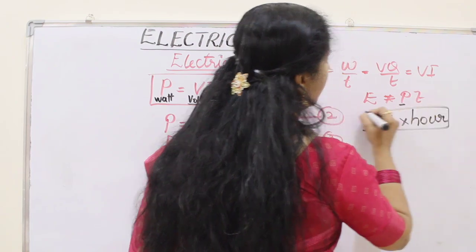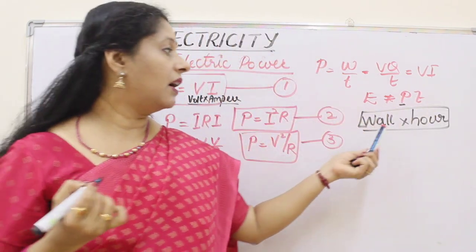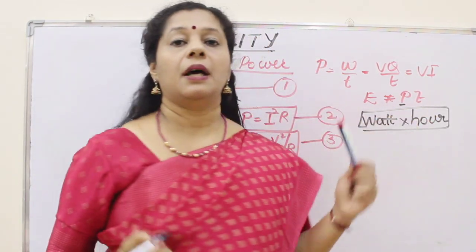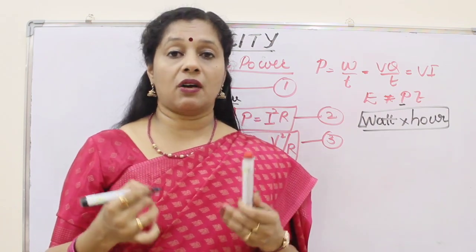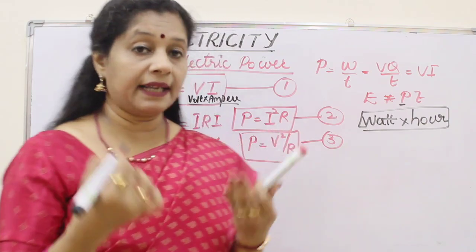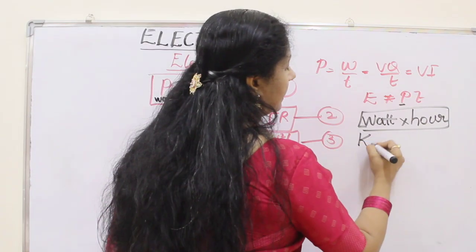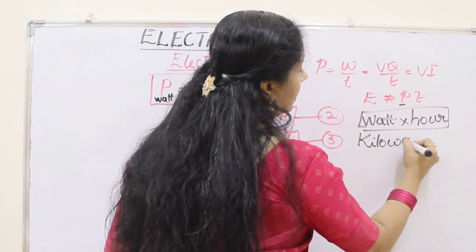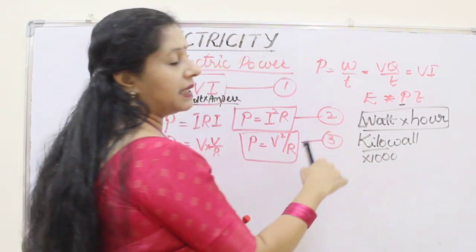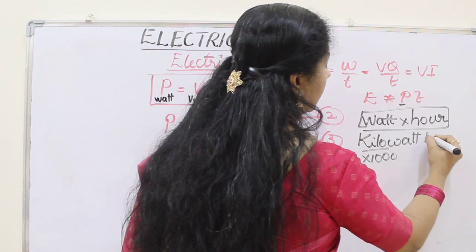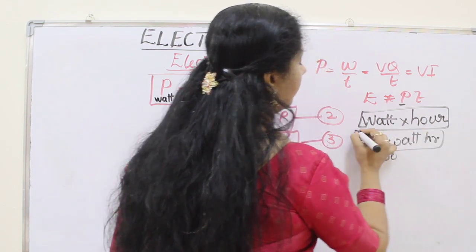So this is the unit of energy, watt hour. But here again at home, watt is actually a small unit for our household. So we use a higher unit, that is called a kilowatt. Kilo means what? Into 1000, right? So watt multiplied by 1000 is kilowatt hour.